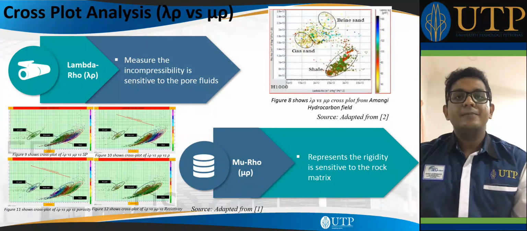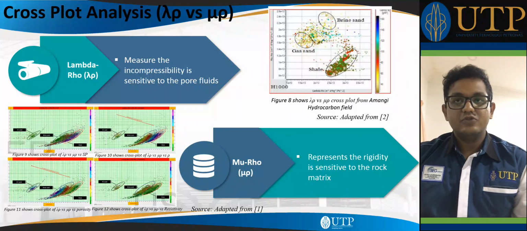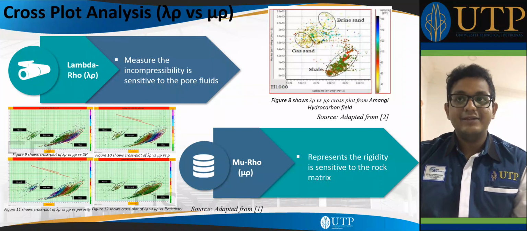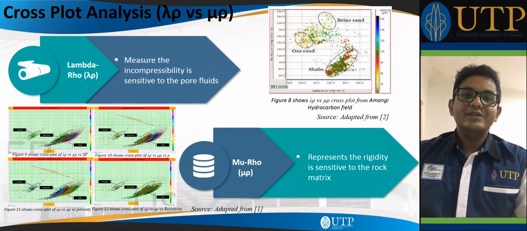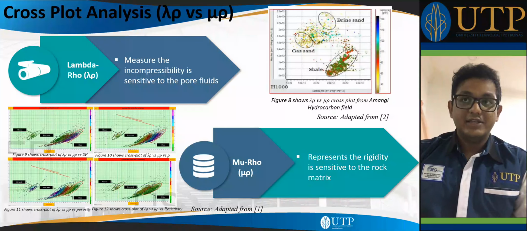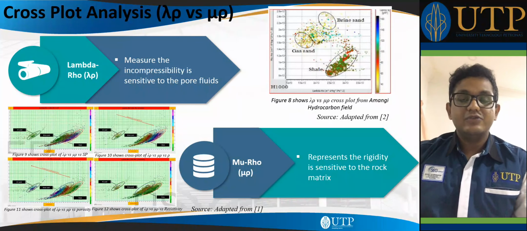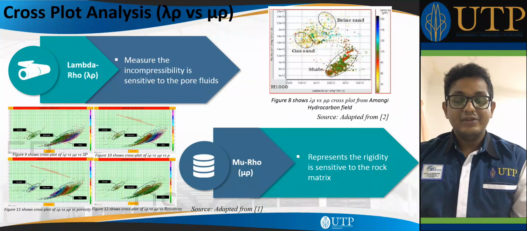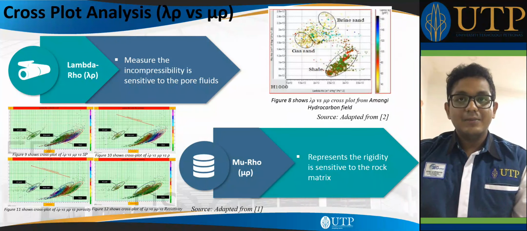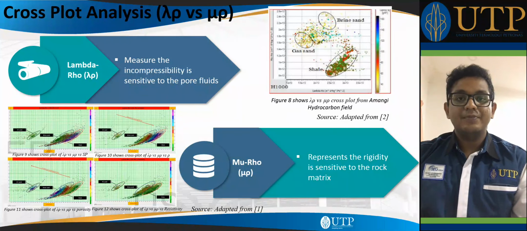Similarly, for example, the presence of gas in a sandstone, which we call gas sand, causes a significant decrease in the compressibility, since gas is very compressible. Usually sand has higher rigidity, and gas in the sand does not really affect the rigidity, and therefore we can classify the region with a low Lambda-Rho and a high Mu-Rho to be a gas sand zone.